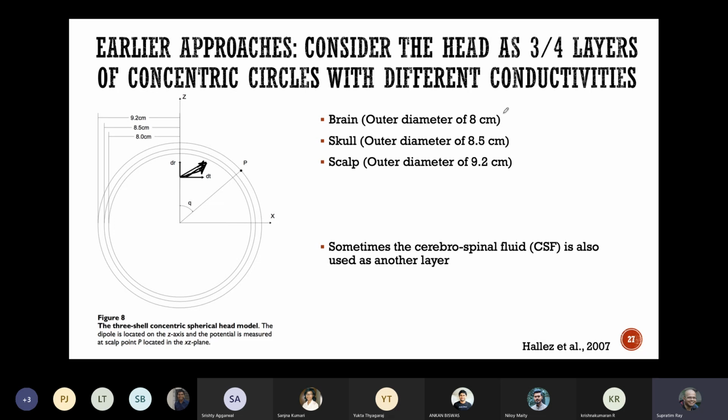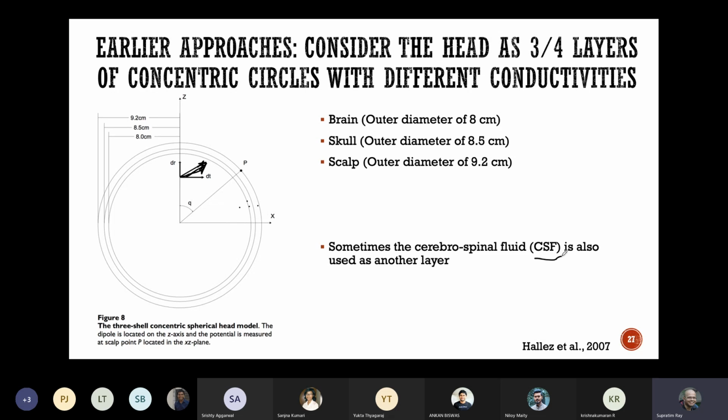So this is a three-layer model: the brain, the skull, and the scalp as three concentric spheres, one inside the other.